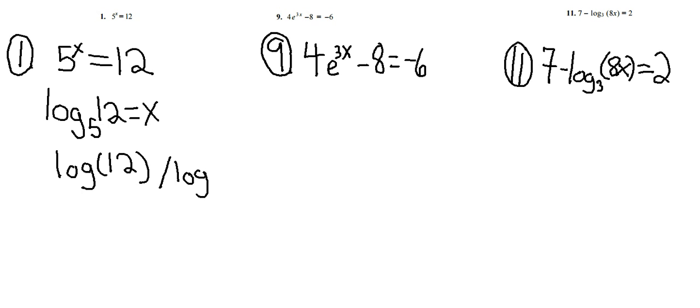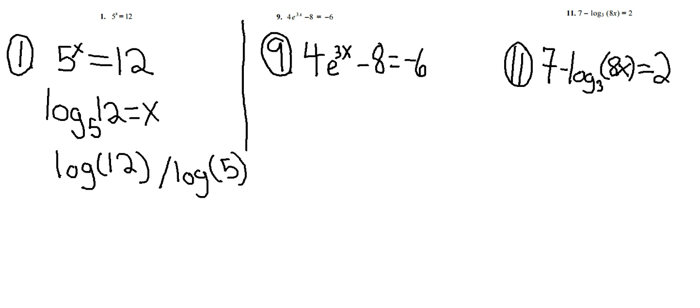It should look like that. And I don't have a calculator on me right now, but the answer is going to be 1 point something. My guess would be around 3, but yeah. Okay, so there is your first problem.